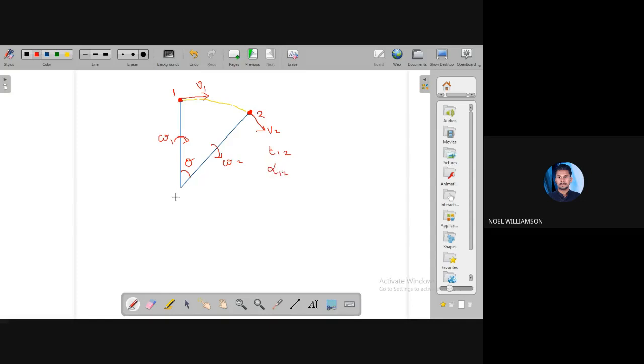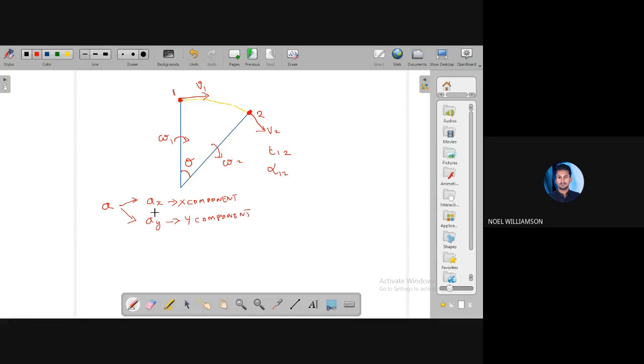Now the linear acceleration a, usually we represent by two components, ax, the x component, and ay, the y component.